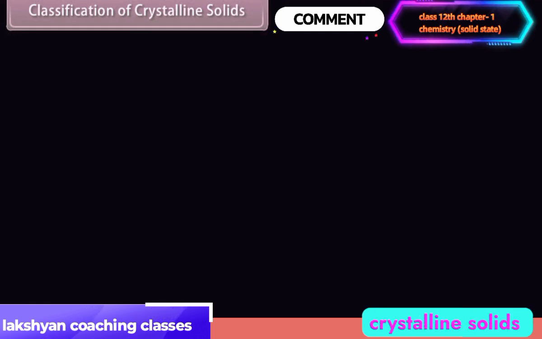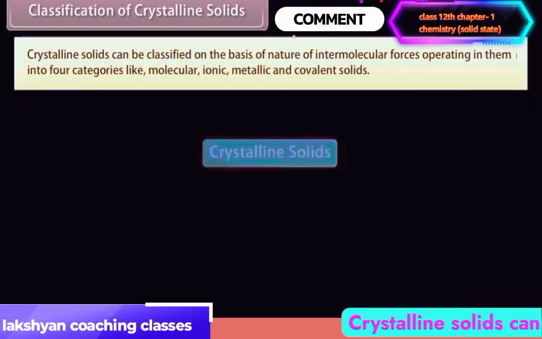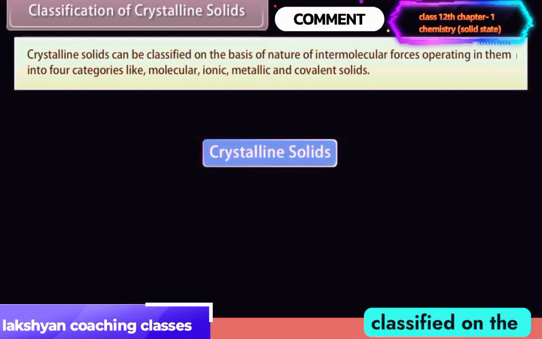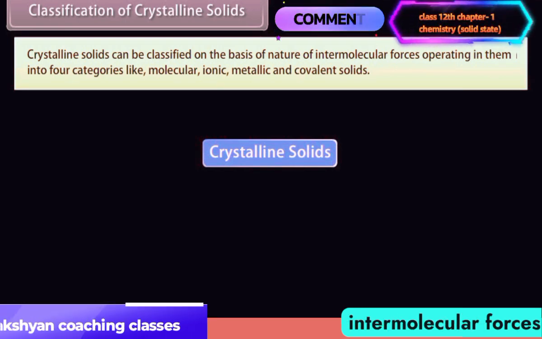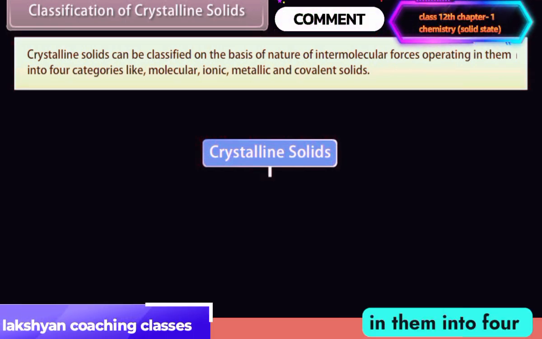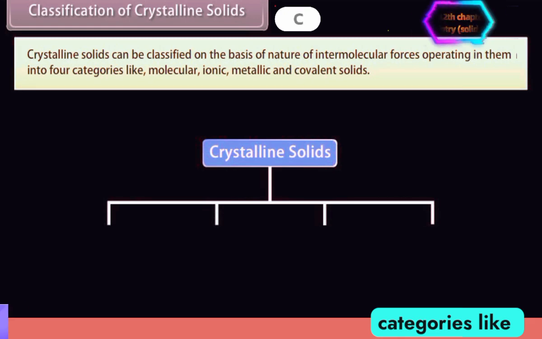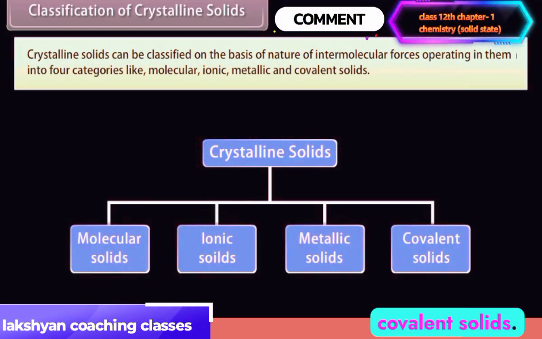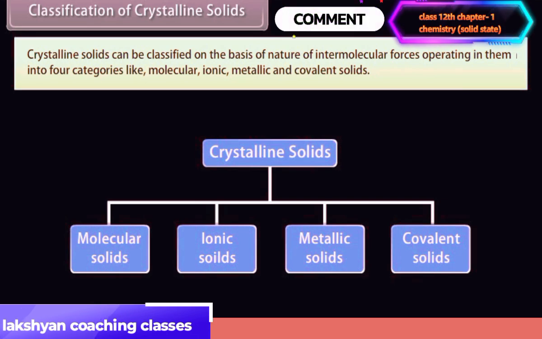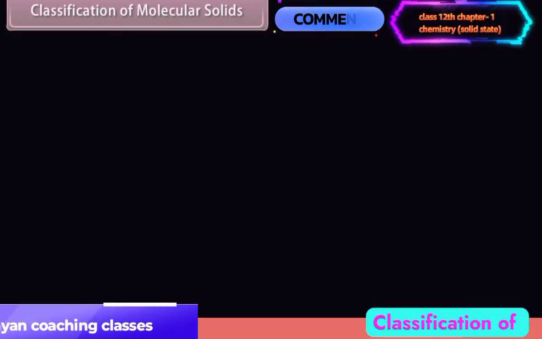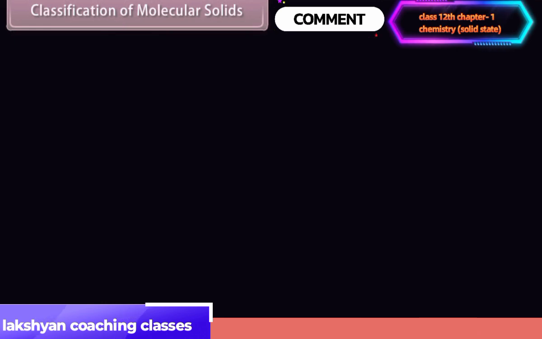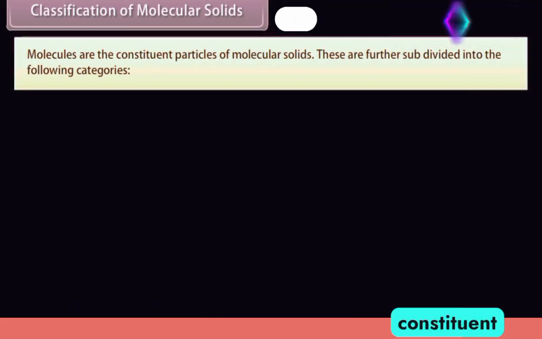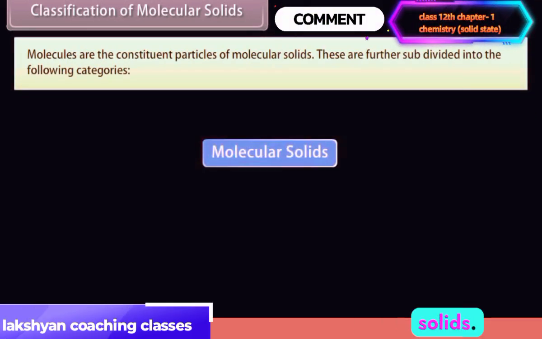Classification of crystalline solids. Crystalline solids can be classified on the basis of the nature of intermolecular forces operating in them into four categories: molecular, ionic, metallic, and covalent solids. Classification of molecular solids. Molecules are the constituent particles of molecular solids.